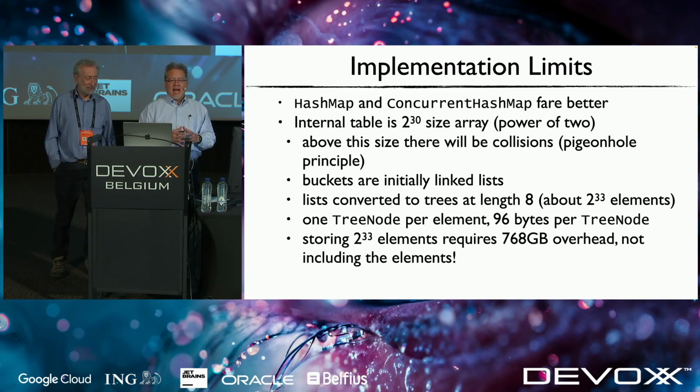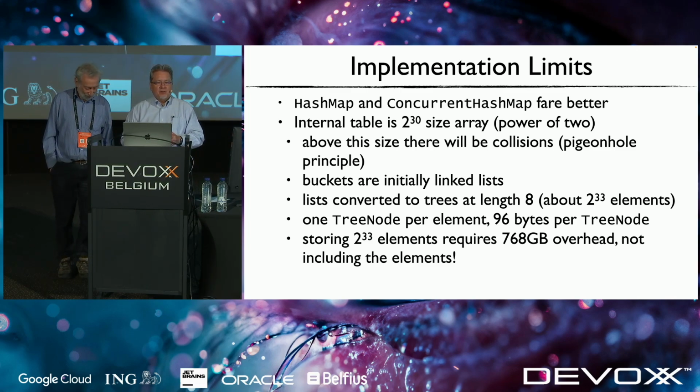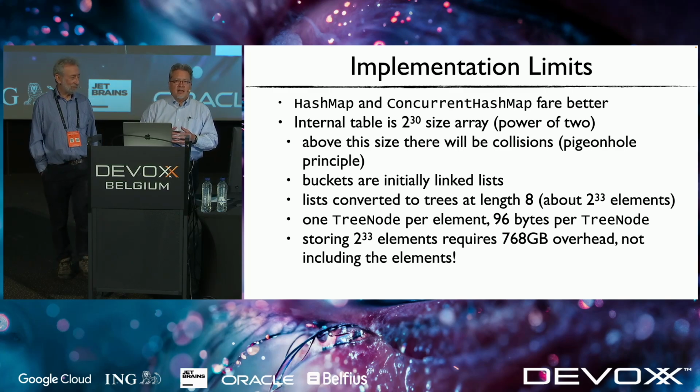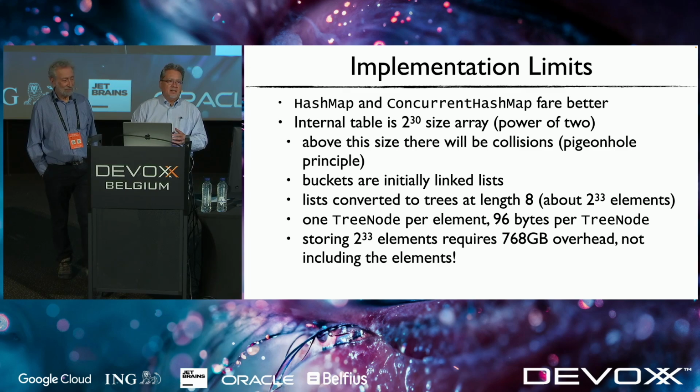Okay, so hashing seems more promising because you don't have those issues about linear searching, and you can have order constant operations on it, which is good. But you run into some other interesting limitations. HashMap and ConcurrentHashMap have an internal table which contains the buckets, and each bucket is a linked list, which is okay because those are generally small. But that internal table must be a power of 2.